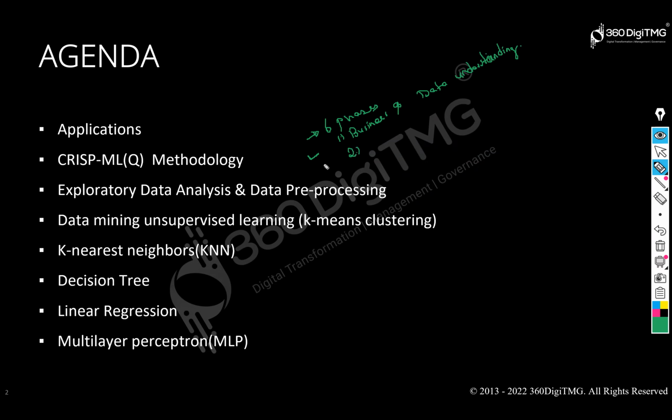Business and data understanding is phase one. Then phase two speaks about... We know what business and data understanding is, right?